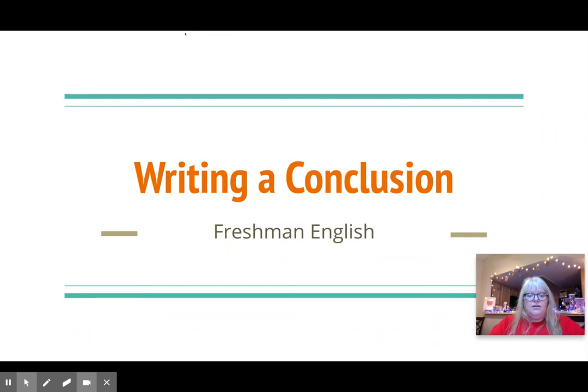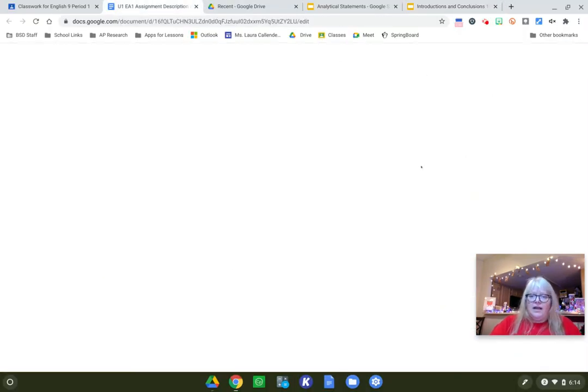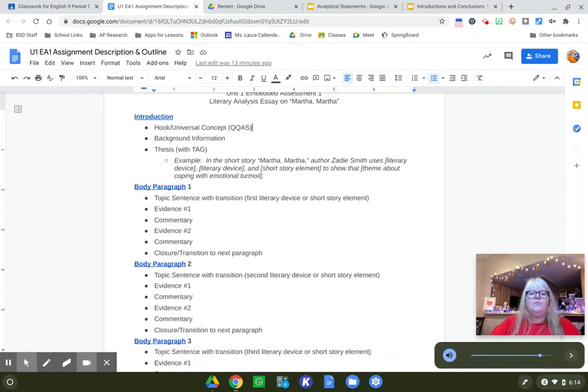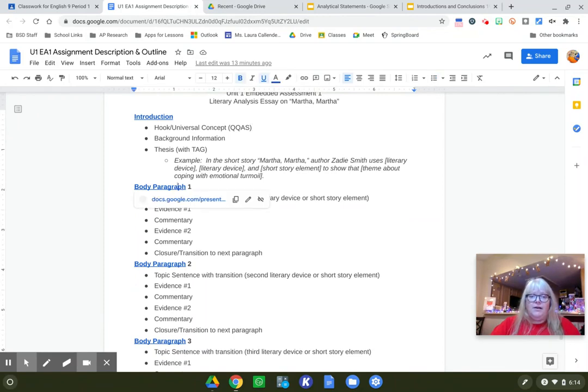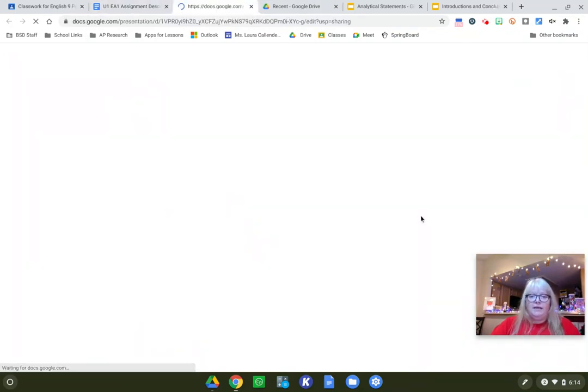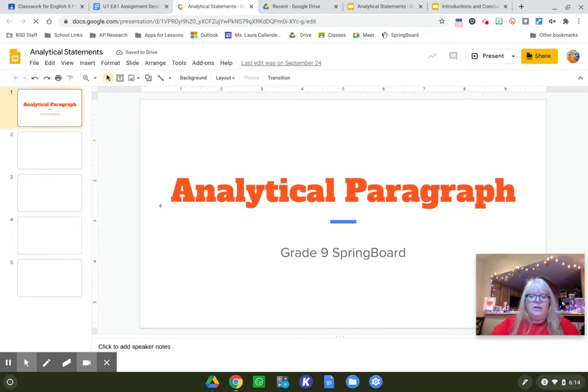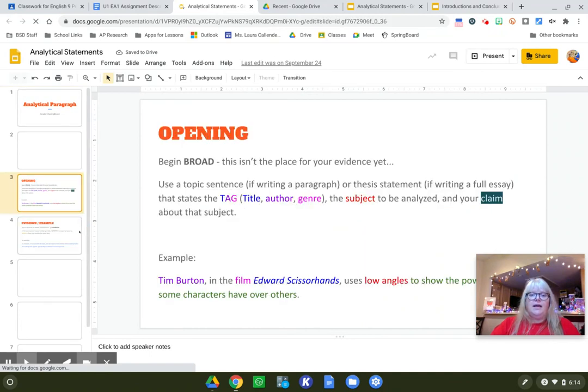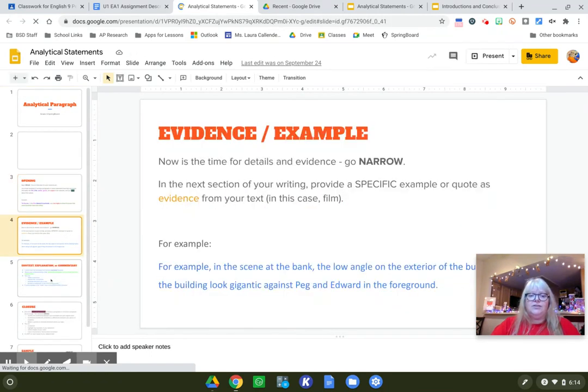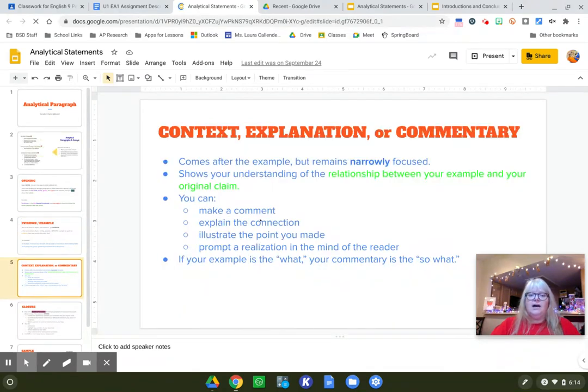We're going to come back to conclusions. So we're almost done here. Remember, we've done body paragraphs. Now, if you need to go back to something that tells you what goes in the analytical paragraph, there is a link there, and it will link you to an analytical paragraph that tells you what you need as far as evidence and commentary.